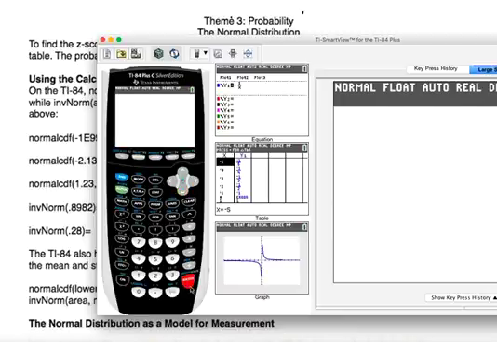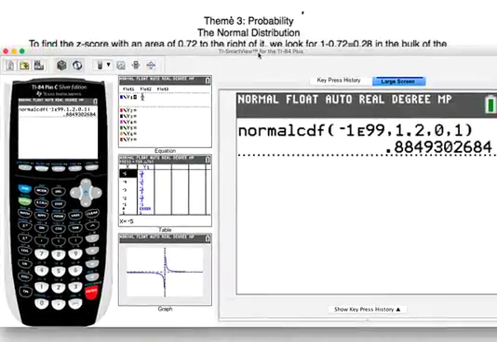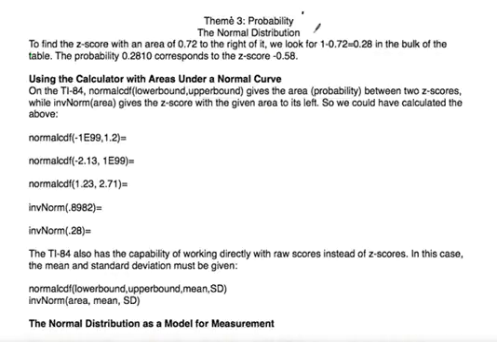Go ahead and paste, and that is going to give you 0.8849. This picture would look like this. Normal CDF with negative 2.13 to 1e99, positive infinity, would look like this.